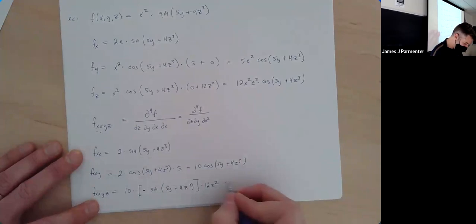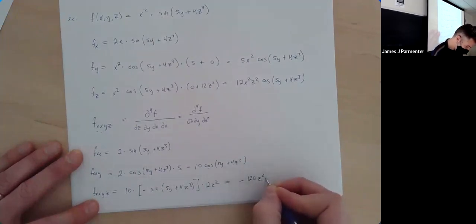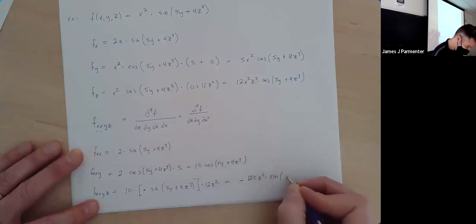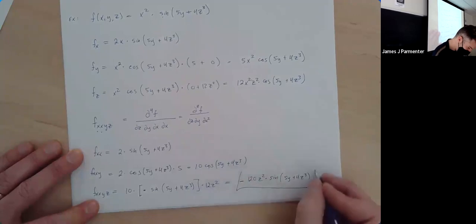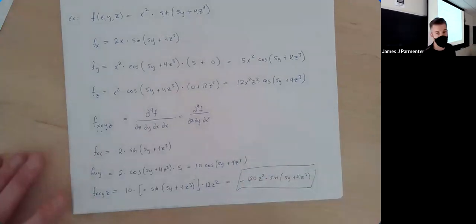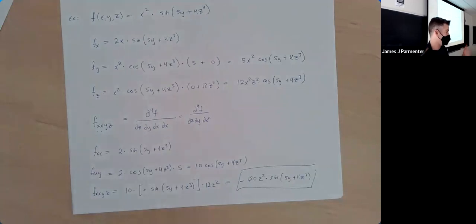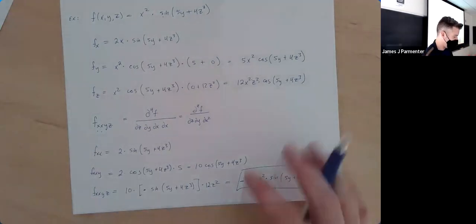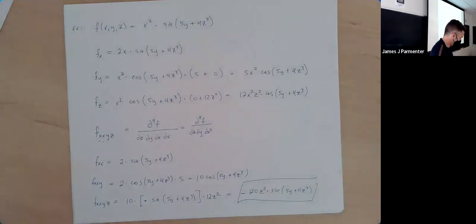So in the end, I would write my answer as negative 120 z squared times sine of 5y plus 4z cubed. So just the point being that you can keep taking partial derivatives, you can do as many as you want. Usually we're pretty limited to just doing the first or the second or the mixed ones, but you could feasibly do a whole large number of them in whatever order.